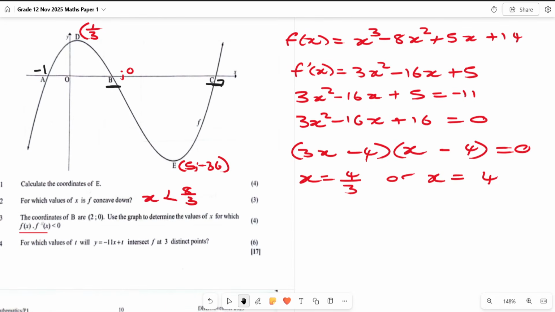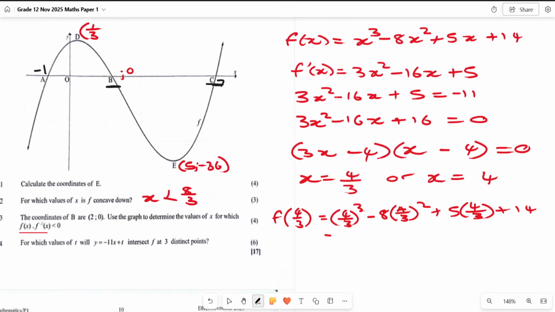So now let's find the y values. We're just going to say f when x is 4 over 3 is equal to 4 over 3 cubed minus 8 times 4 over 3 squared plus 5, and we're going to put 4 over 3 there, plus 14.